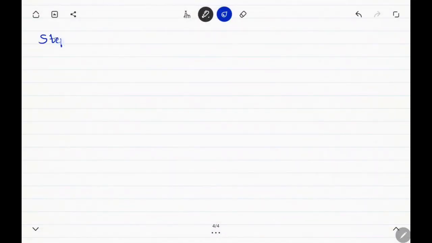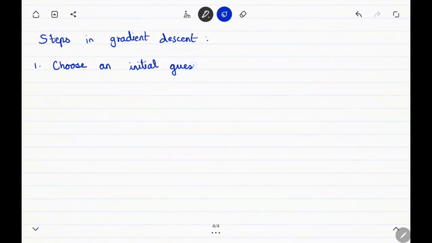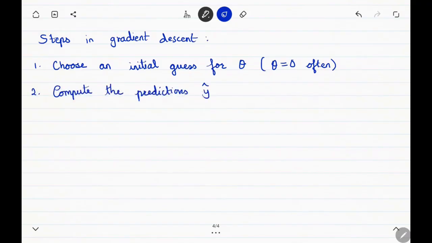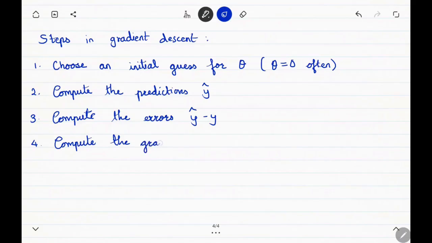The steps of gradient descent in plain terms are as follows. First, you choose an initial guess for θ. Often it is all zeros. Second, you compute the predictions ŷ. Third, you compute the errors ŷ − y. Fourth, you compute the gradient of the cost.